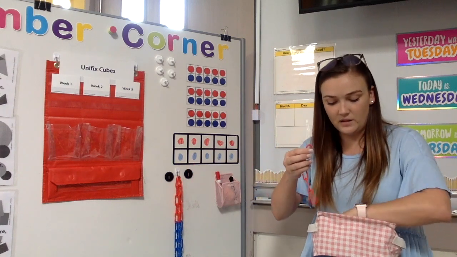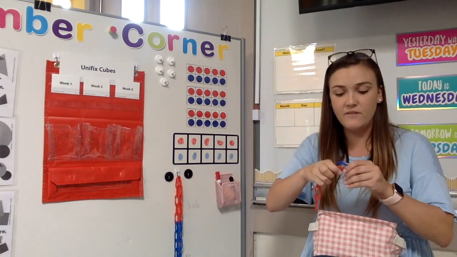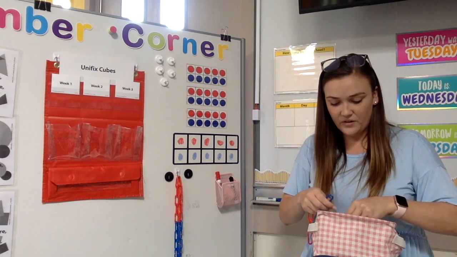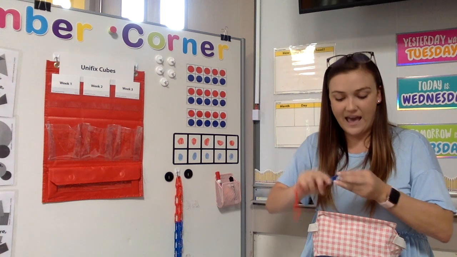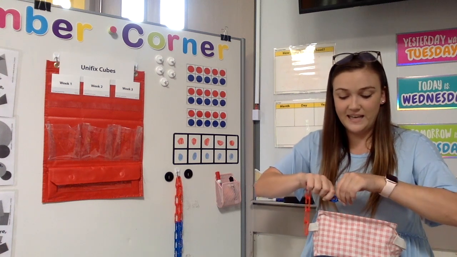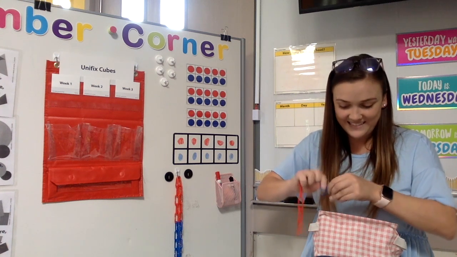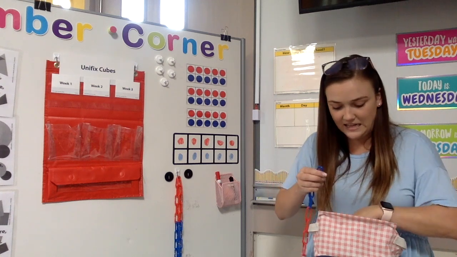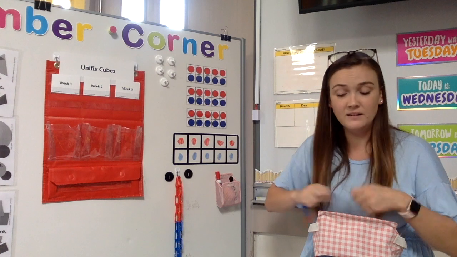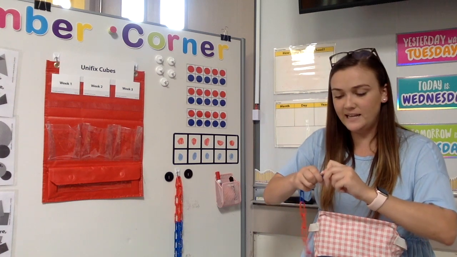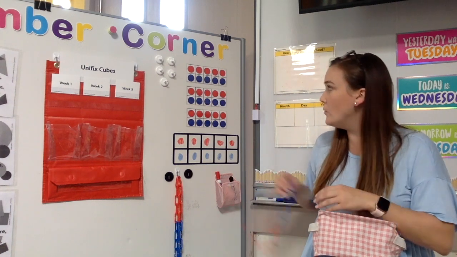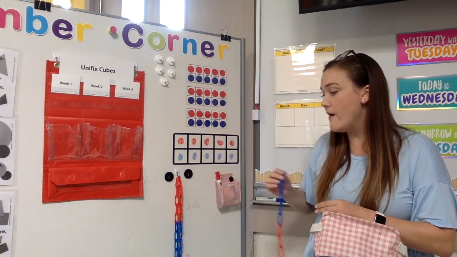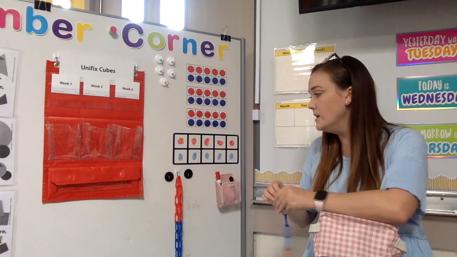This is where I left off last time. 35, 36, 37, 38. There we go. 39. What comes after 39? 40. Ding, ding, ding. So now we've shown 40 in our 10 frames. And now I have 4 links of 10, which makes 40.